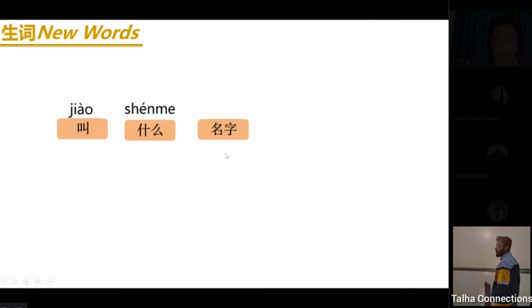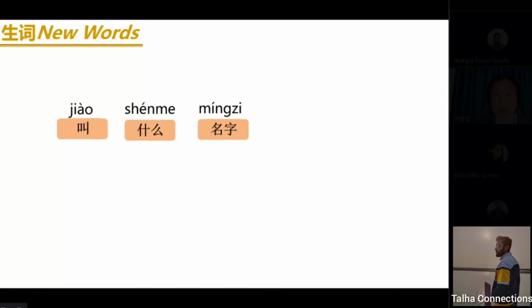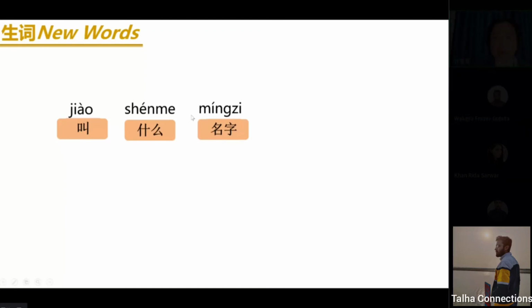And the third word we need is 名字. 名字 is name.